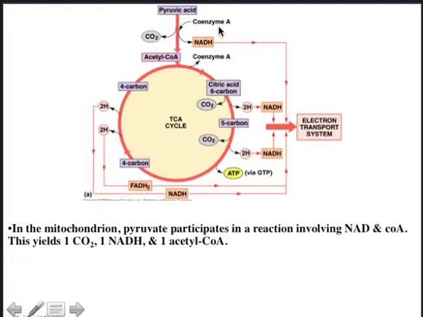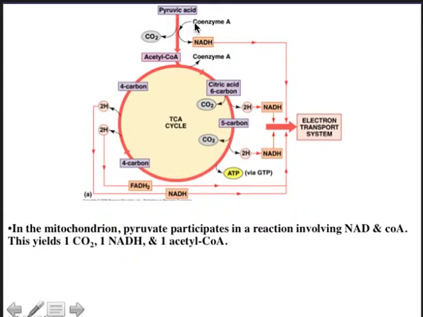And several things happen at this step, right? One thing that happens is that we form a molecule of NADH. Now, NADH is a high energy compound that's eventually going to be oxidized and used to generate ATP. So we use some of that energy to form NADH.